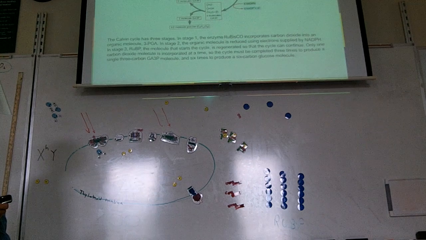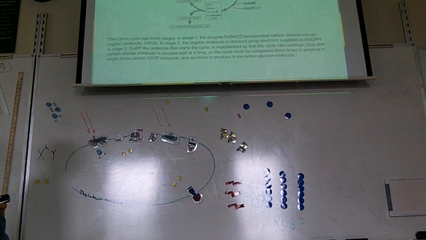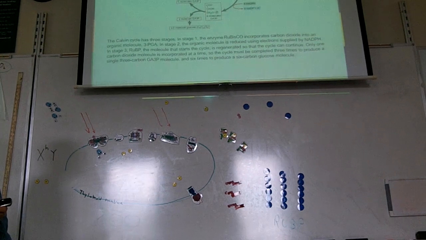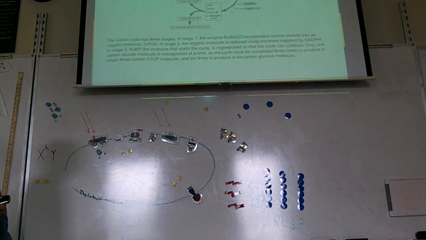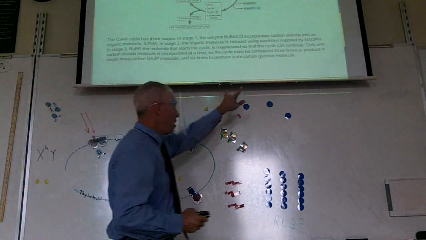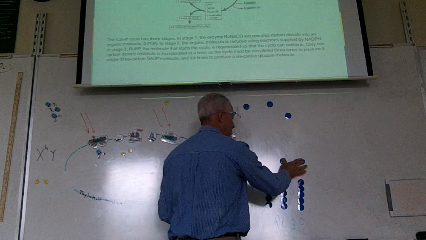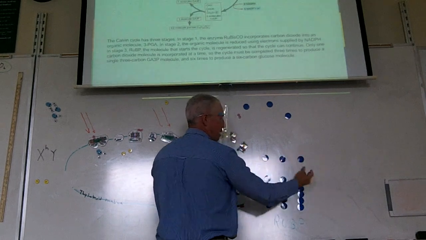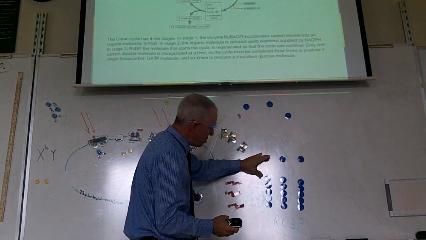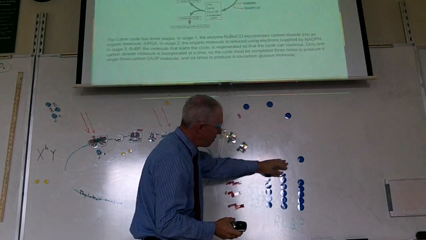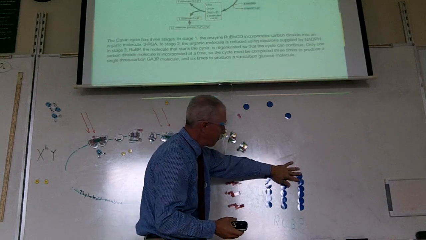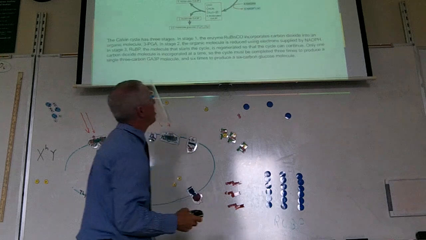We're ignoring all this other stuff, but you're just looking at the 5 carbons. There's an enzyme called rubisco that hooks the CO2 up to the RuBP. And this enzyme, pretend it's my hand here, will grab the CO2 and hook it to the RuBP. And now we have a 6-carbon molecule.